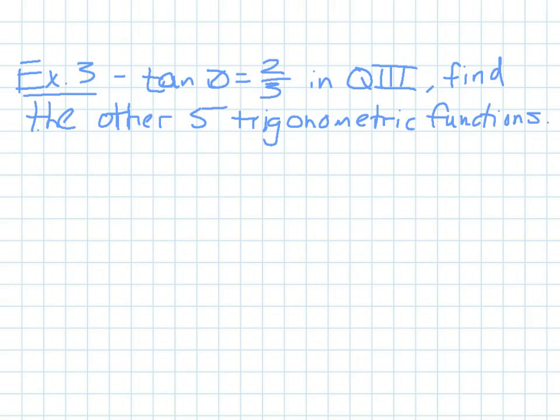So then now, let's say I give you tangent of theta is equal to 2/3, and that is in the third quadrant. Find the other trig functions. So here, we're in the third quadrant, so I need to draw my triangle.